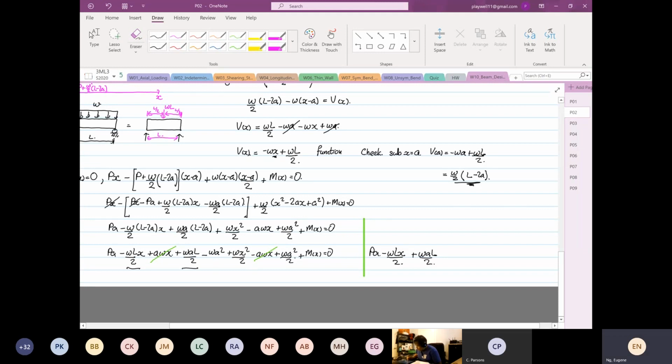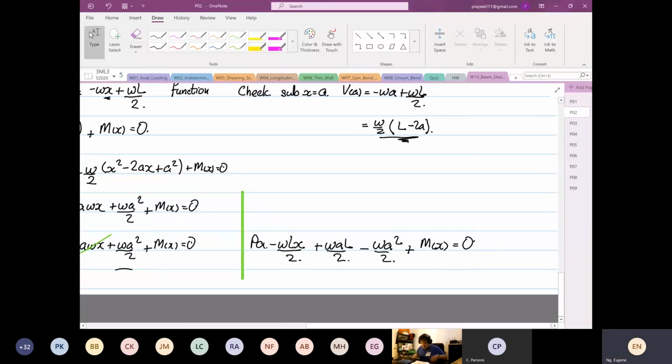So omega a squared, we can do something, right? So minus omega a squared over 2, so this and this are taken. So plus M as a function of x going to 0. Right? So now we have 1, 2, 3, 4.